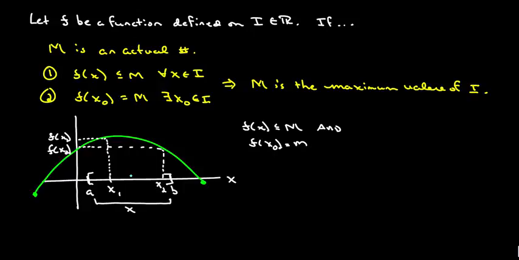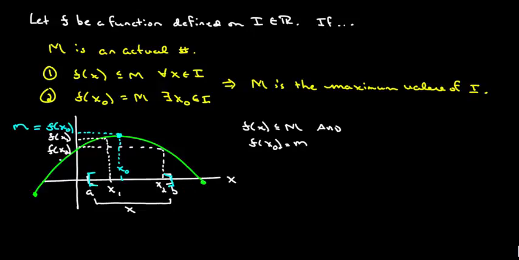So maybe this point right here looks like the max, so we'll call it x naught. What I want you to notice is that f at x naught is the highest out of all of those. And so we'll call that value M, which is the maximum of the function on some interval like that.